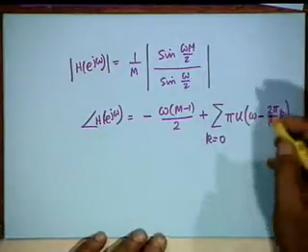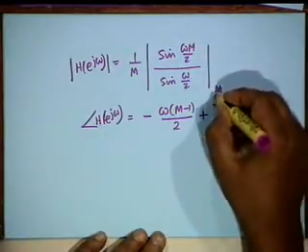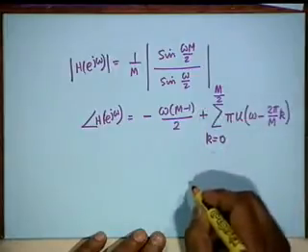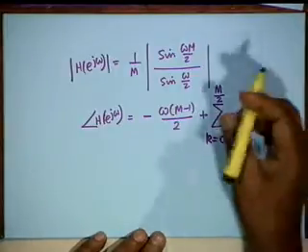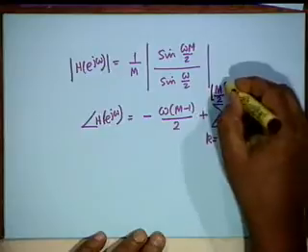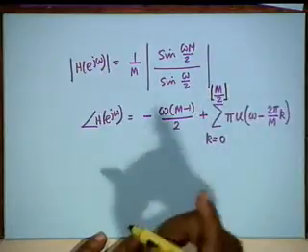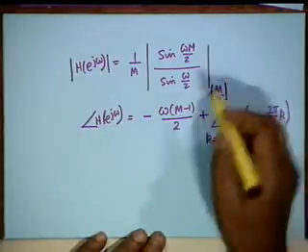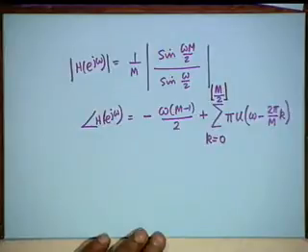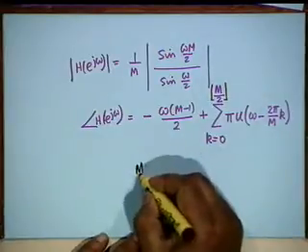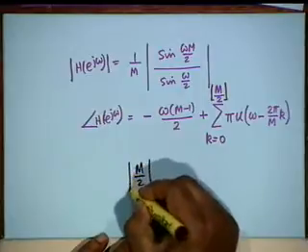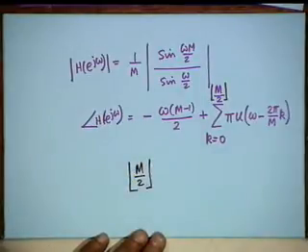Okay? So we indicate this by M by 2 and a special sign. The sign is this, not the square bracket, the upper end is truncated. This indicates the integer closest to M by 2 but less than M by 2.